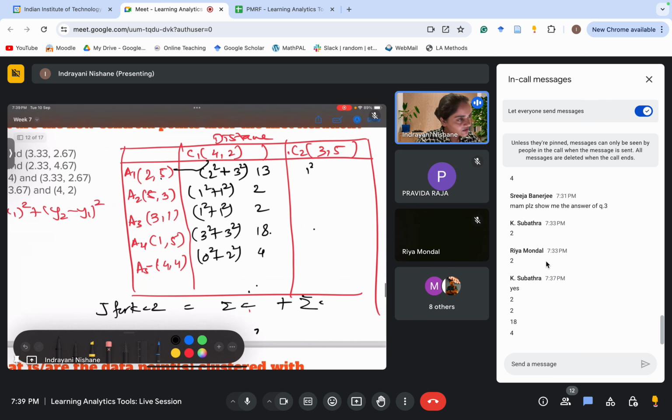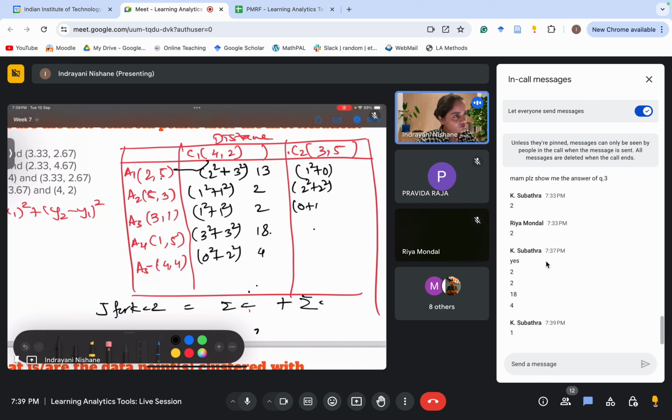Here 1 square plus 0, then 2 square plus 2 square, 0 plus 4 square, then 2 square plus 0, then 1 square plus 1 square: 1, 8, then 16, 4 and 2.